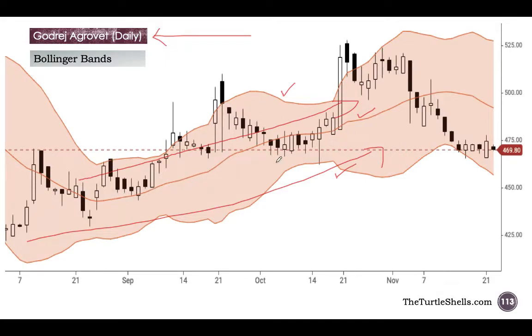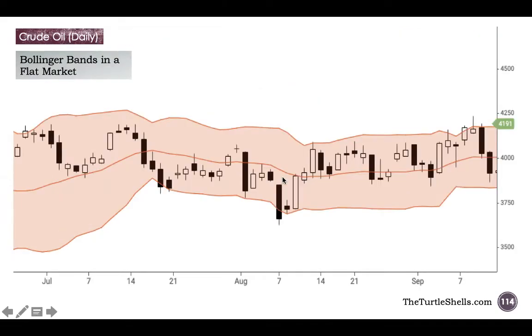When the price is going down, most of the time the price action is between the middle band and the lower band. But when the price is flat like this, in this daily chart of crude oil, 90% of the time the price is fluctuating between the lower and the upper band.